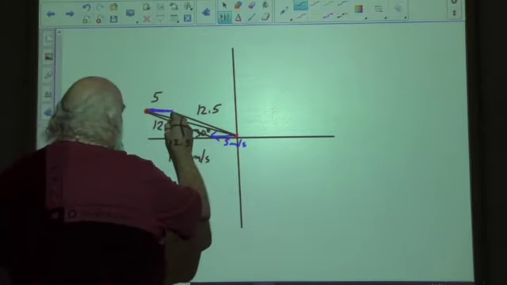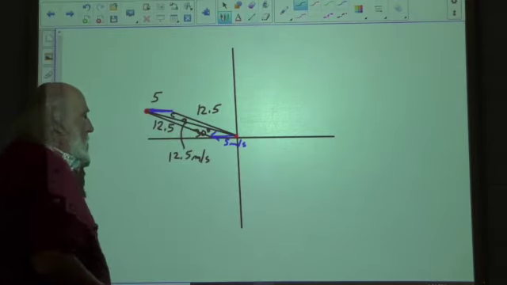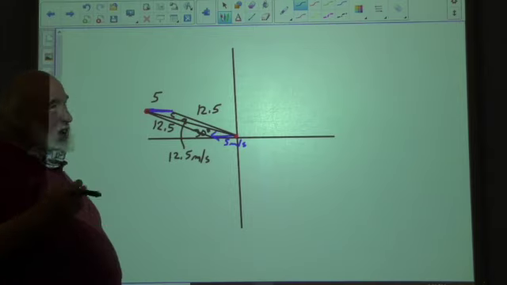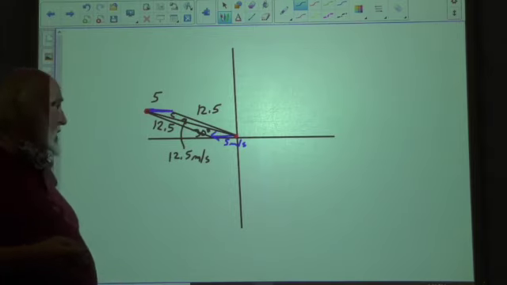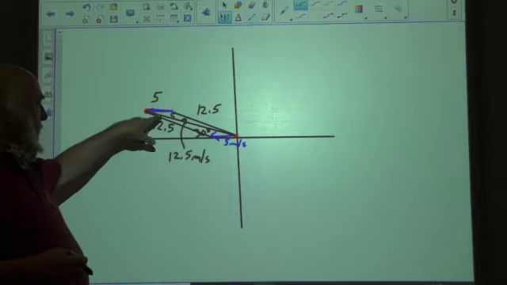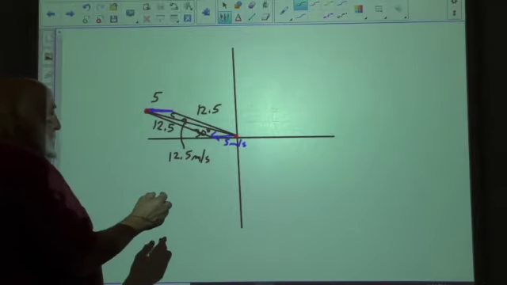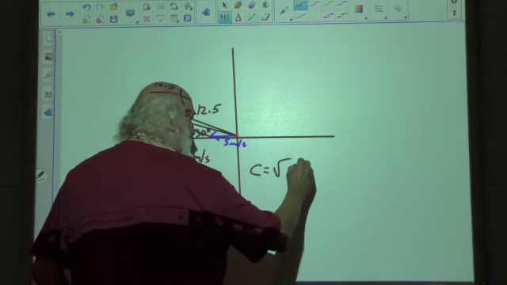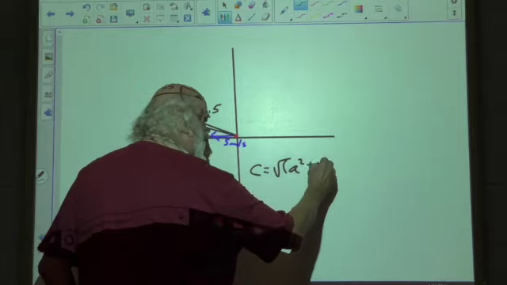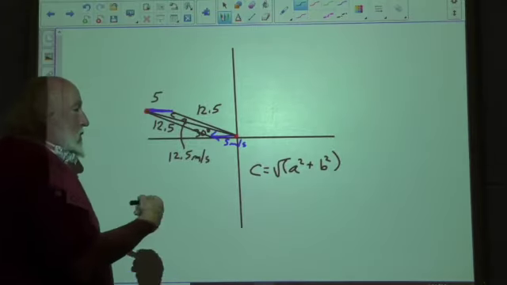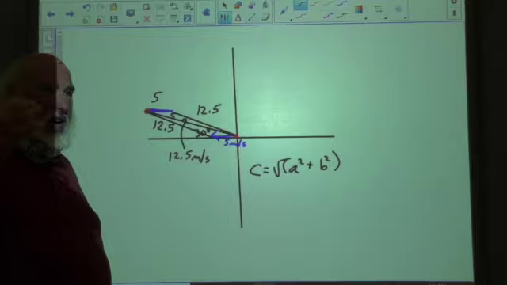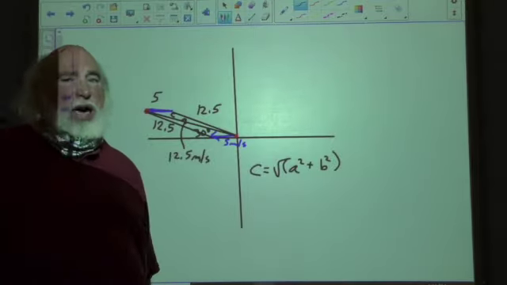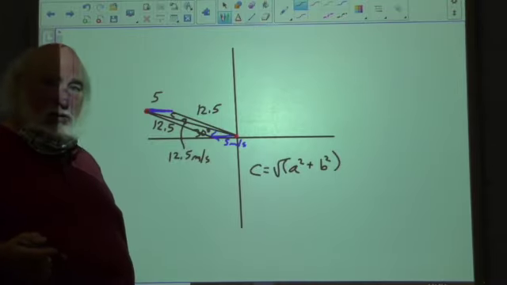Okay, so the missing C is not necessarily a hypotenuse, but it's the missing side. Now, had that been a right angle right here, then we could have used the Pythagorean theorem, which states that C equals the square root of A squared plus B squared. But we don't. So we think, well, shoot, now we can't even use the Pythagorean theorem. Well, that's not necessarily true. We can use it, but we've got to have a correction factor.